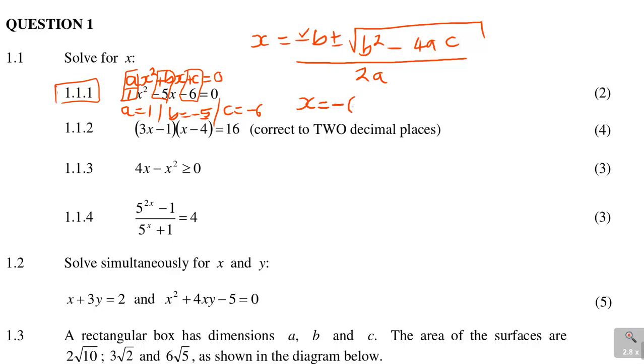So you protect that with a bracket, and then plus or minus square root of b squared. So it's -5 squared. Now avoid writing this like this, where you say -5 squared. This is wrong.